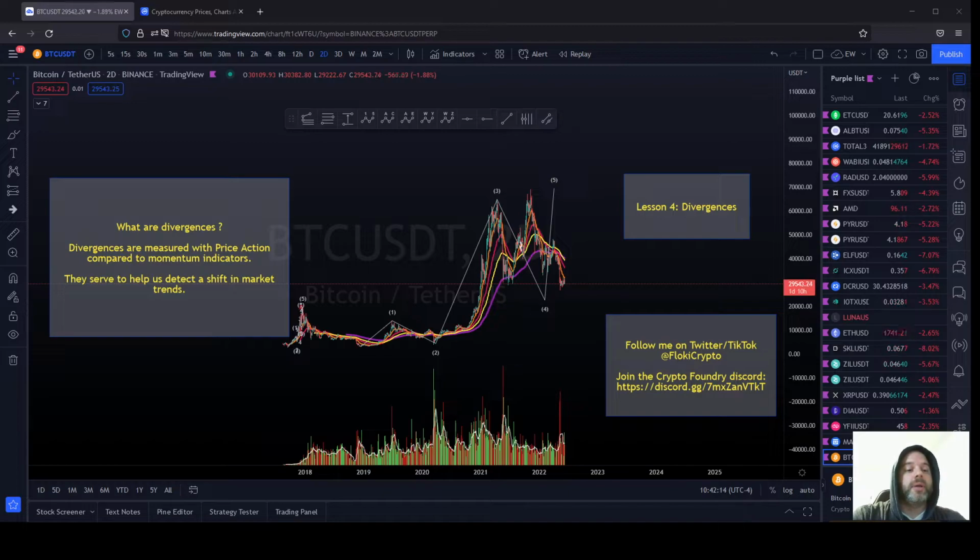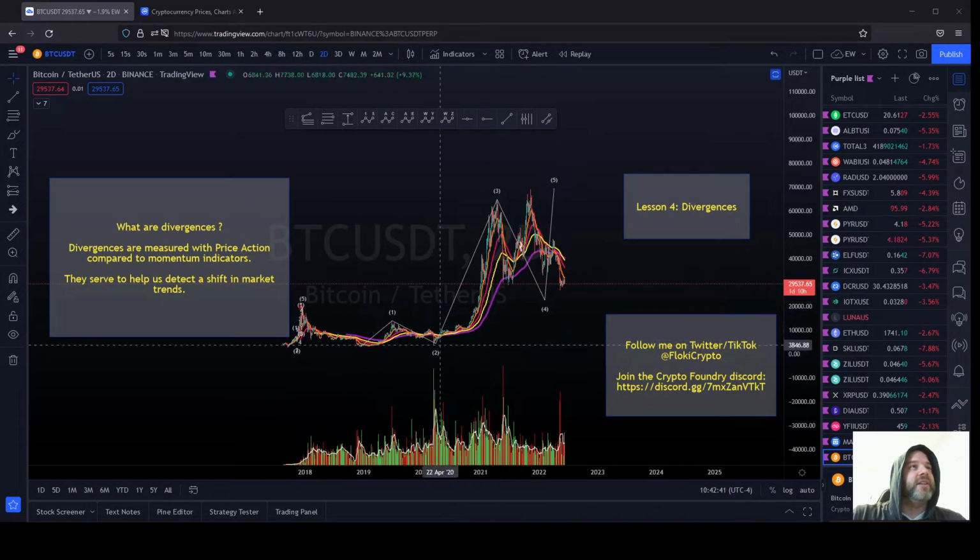So a quick and easy example of that would be the price continuing to go up, but you have indicators of momentum that indicate that actually there is weakness in the move. Lower volume, lower RSI, MACD is also lower. We're going to dive into that in more detail right now, actually.